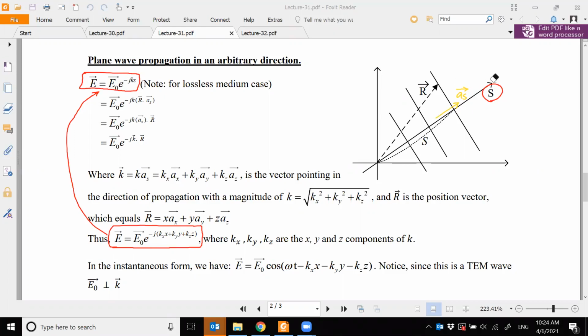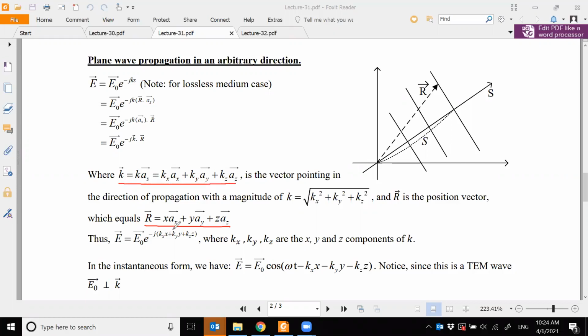So I'm quickly reviewing our argument. We first defined our position vector, and then we defined our propagation constant not as a scalar but as a vector, which is this one.